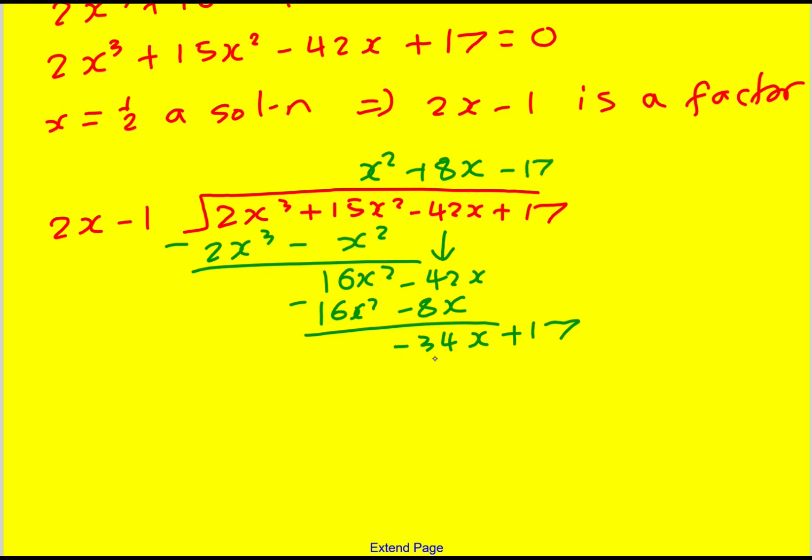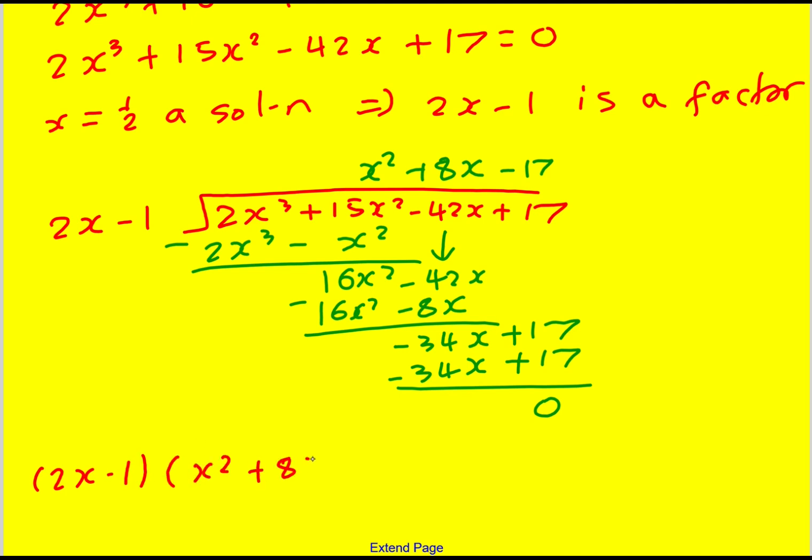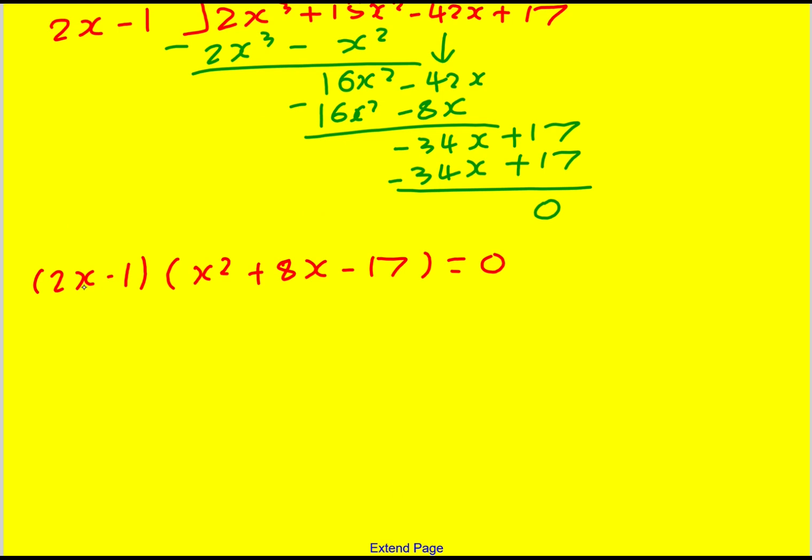So minus 17. So we've got 2x minus 1 times x squared plus 8x minus 17 equal to 0. I'm not really bothered about 2x minus 1. We've already got that one, but I'll leave it there. So x equals a half, or x squared plus 8x minus 17 equals 0.